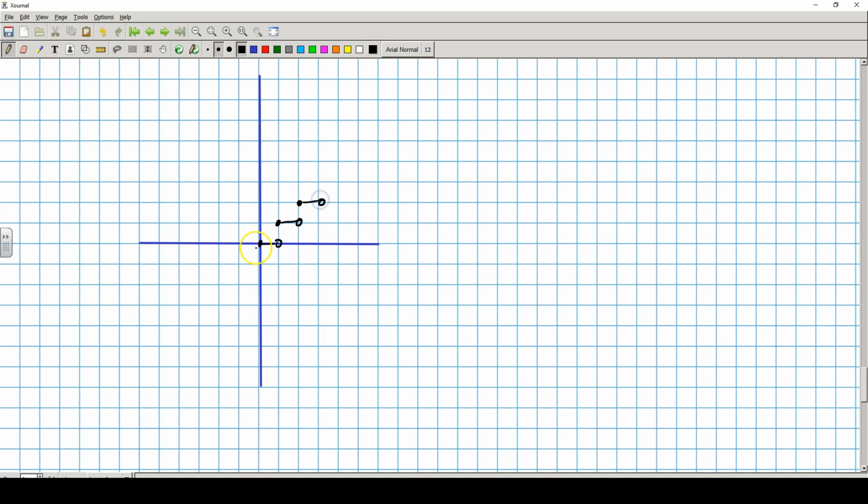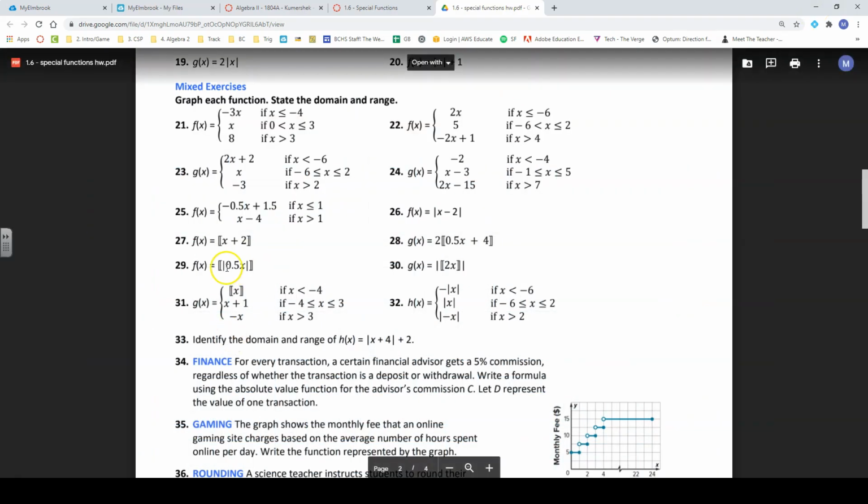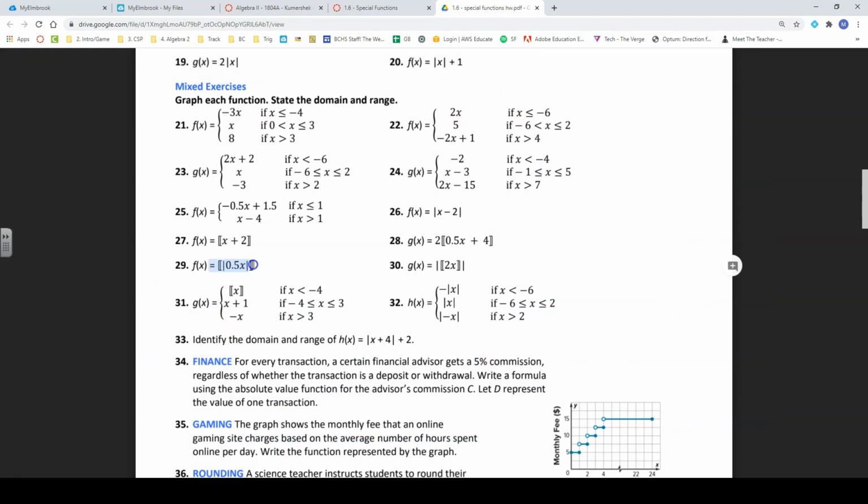And then instead of going negative, because there's an absolute value, you're going to see the steps go this way as well. So it's going to give you an absolute value type of shape. It's going to go the other way, but our outputs are never going to be negative. So this one looks a little tricky, but there's two functions in one at number 29.